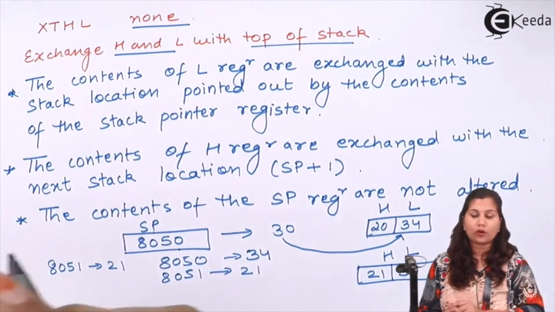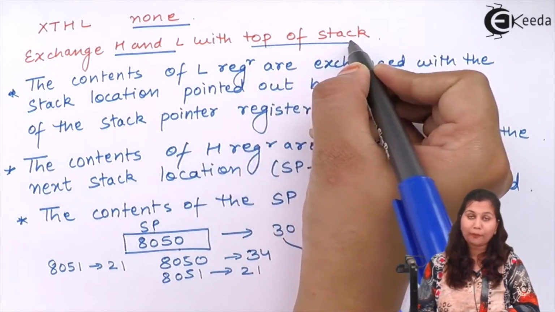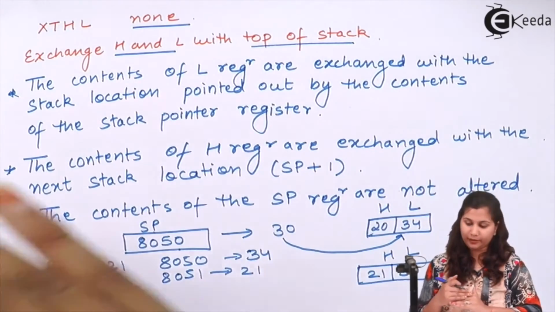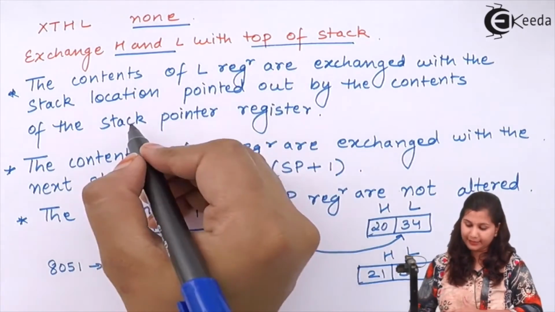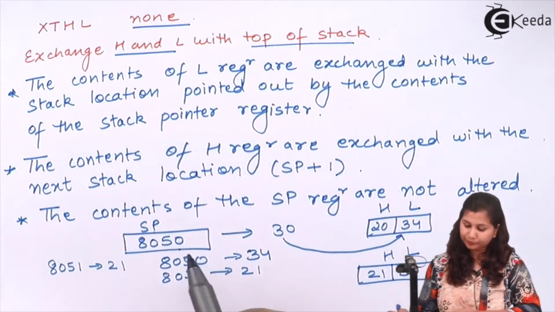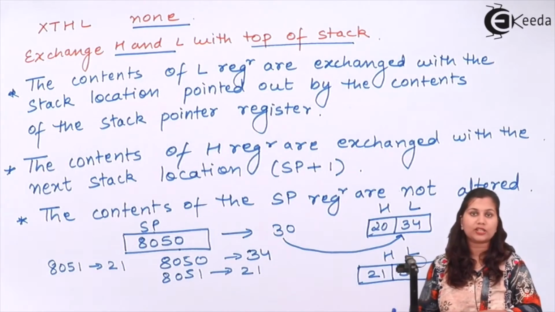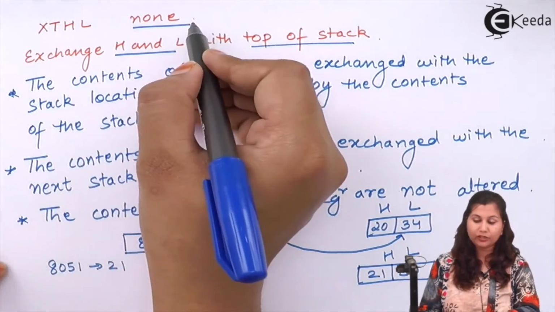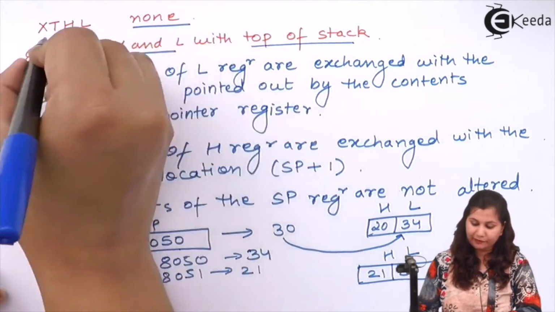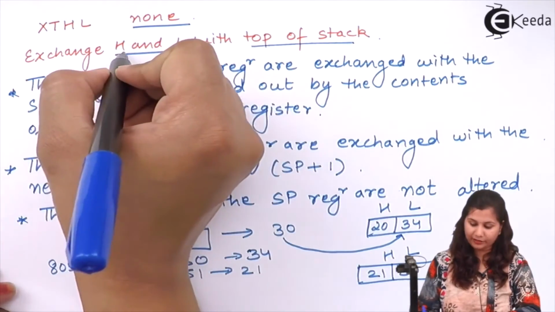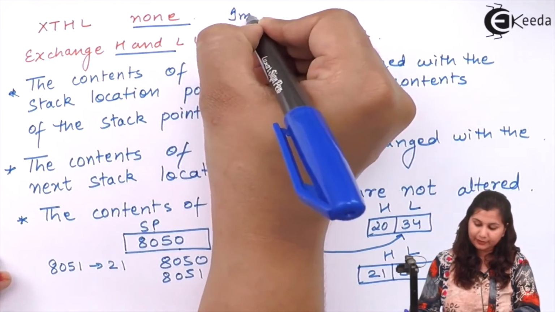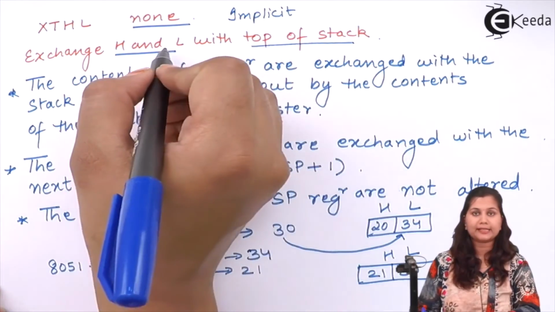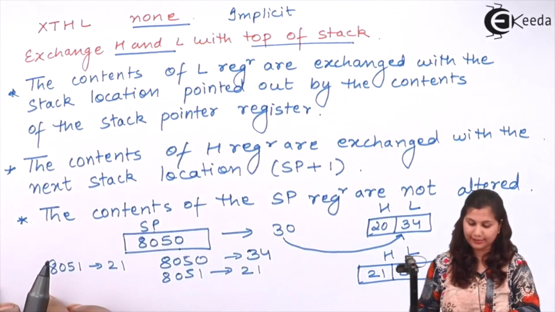So the contents of the top of the stack, that is the beginning of the stack given by the stack pointer register, are exchanged with the HL register pair. It has no operand specified in the instruction. We have implicit addressing mode here because the operand is specified in the instruction itself.